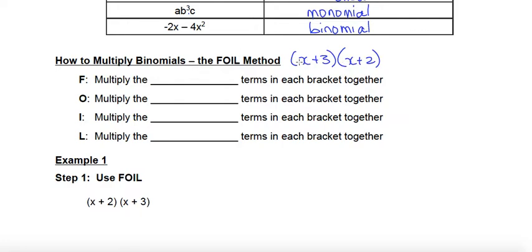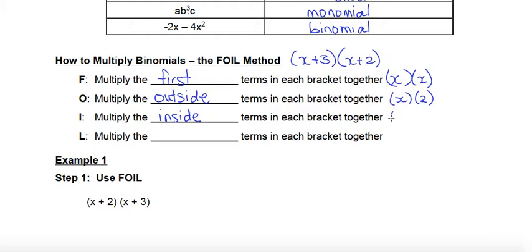We have to multiply our first terms together. In this case, it would be our x and the x. The O stands for the outside terms. In this case, it would be the x and the 2, the ones on the very outside of those brackets. So x times 2. The I stands for the inside terms, the ones right in the middle.